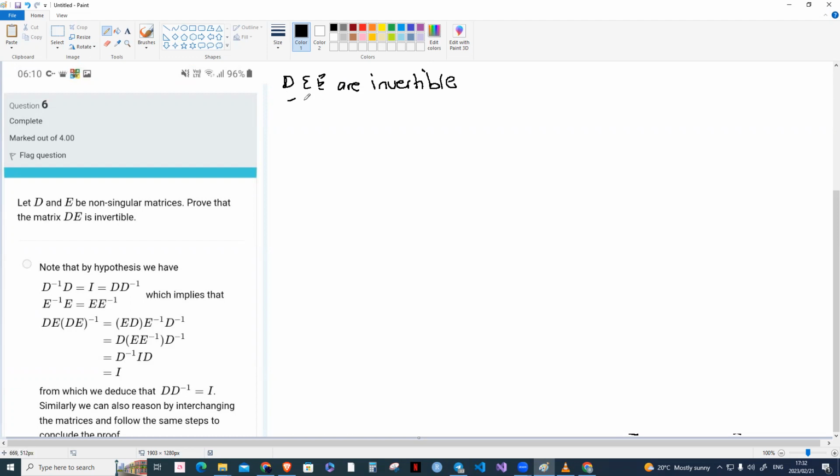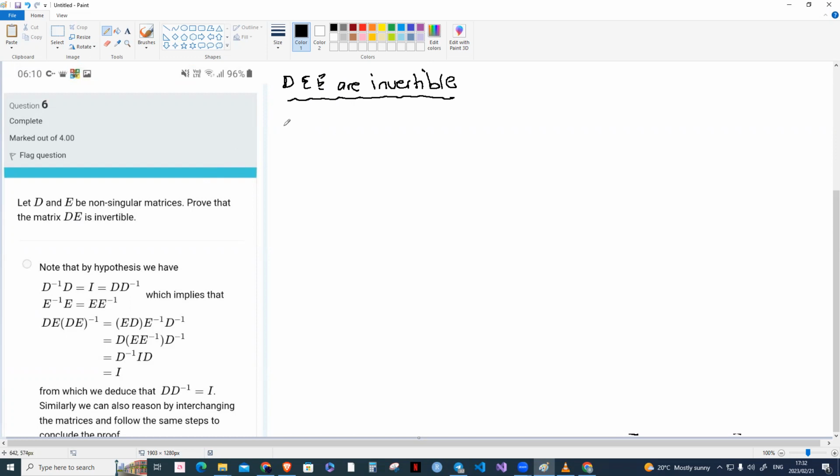And just a little bit of info: if they say something is invertible, it means that we need to prove that the matrix DE is invertible.